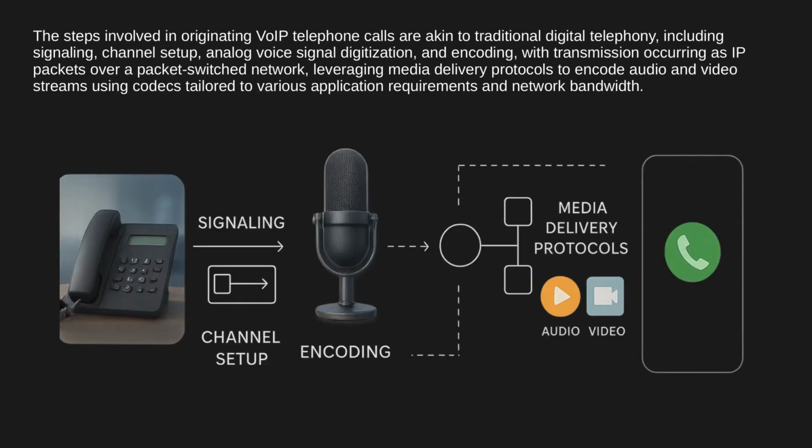The steps involved in originating VoIP telephone calls are akin to traditional digital telephony, including signaling, channel setup, analog voice signal digitization, and encoding, with transmission occurring as IP packets over a packet switch network, leveraging media delivery protocols to encode audio and video streams using codecs tailored to various application requirements and network bandwidth.